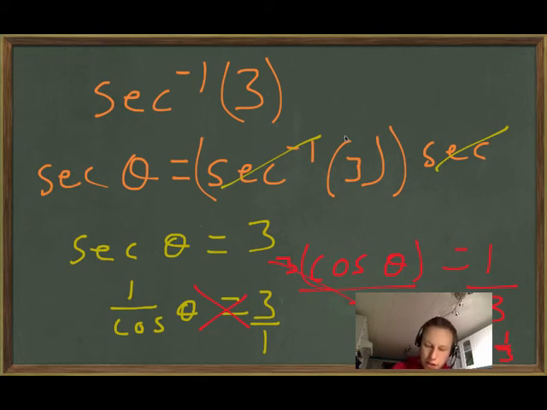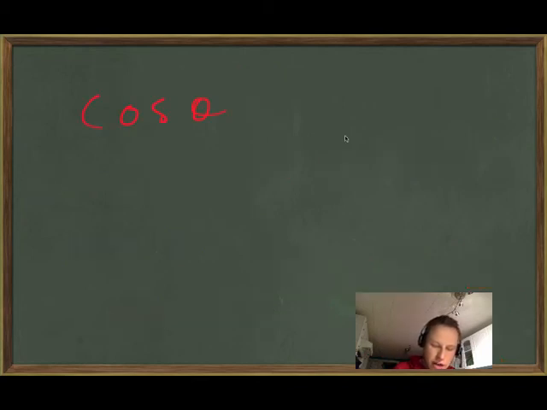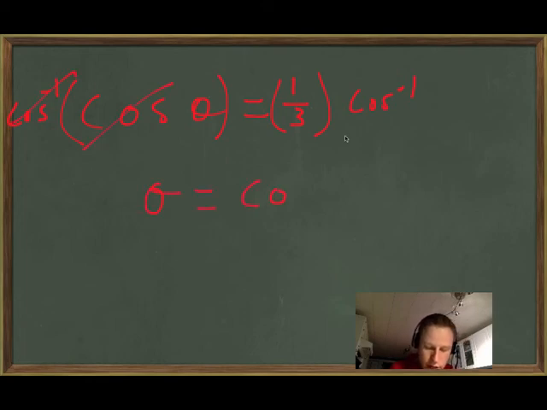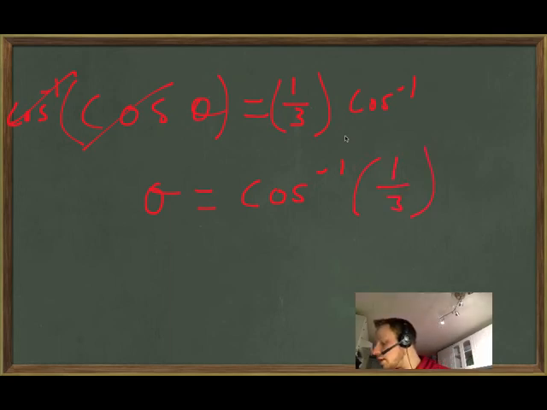Since cosine theta is 1/3, if we apply cosine inverse, those cancel, leaving us with theta equaling cosine inverse of 1/3. Punch that into your calculator, and that approximately equals 1.23. This is how we manipulate it so we can do this in a calculator.